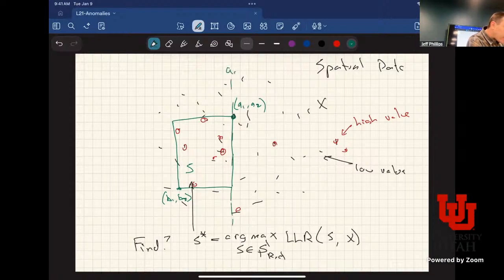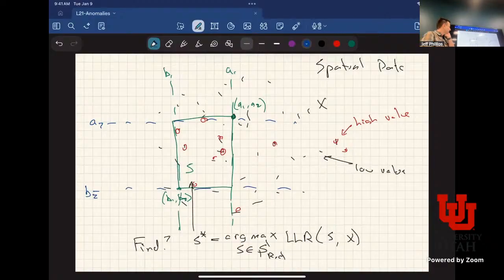This is A1. This is B1. And then this is A2. And this is B2. Right? So I can define it by 4 parameters now. And I have to search this parameter space.